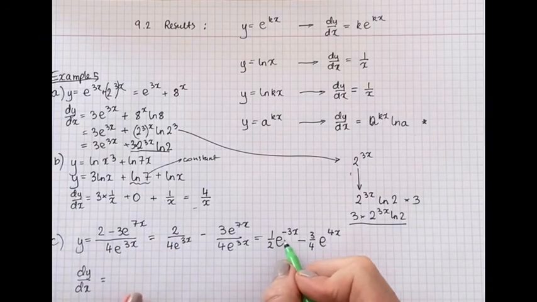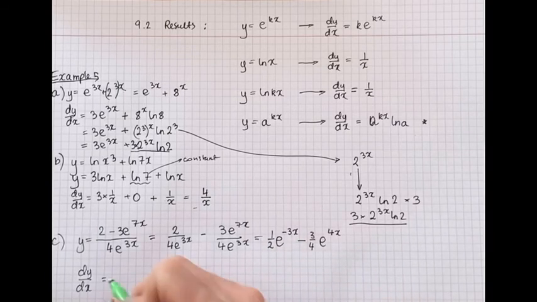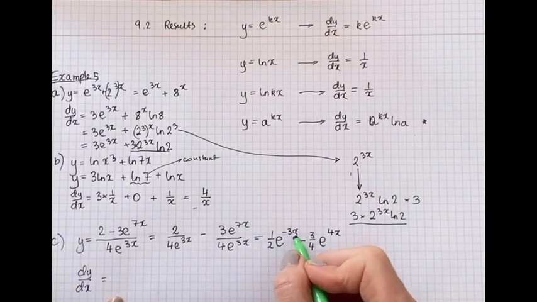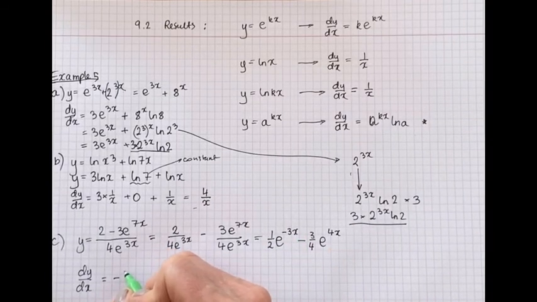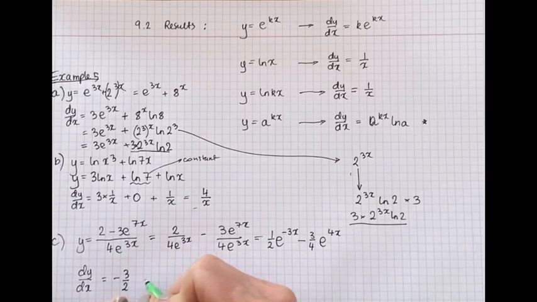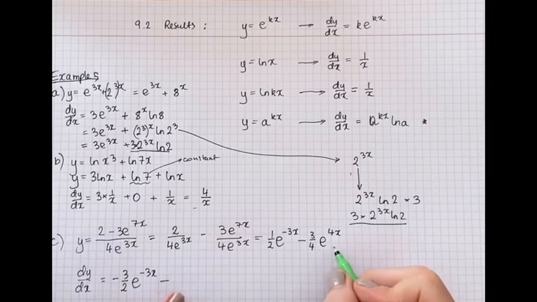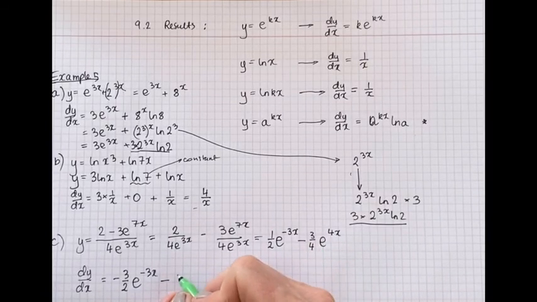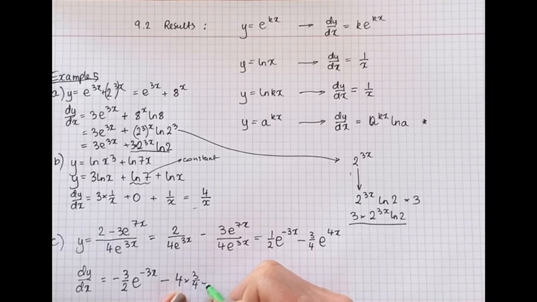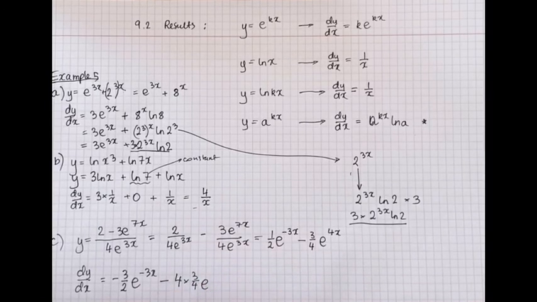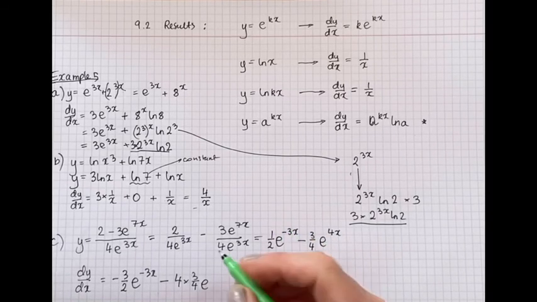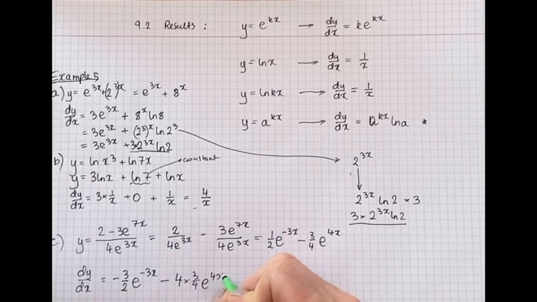equals, let's bring the minus 3, because that's k e to the power of kx. So it's minus 3 times 1/2 is minus 3 over 2, e to the power of minus 3x, minus, and here we're going to times it by 4. So 4 times 3 over 4, e to the power of 4x.